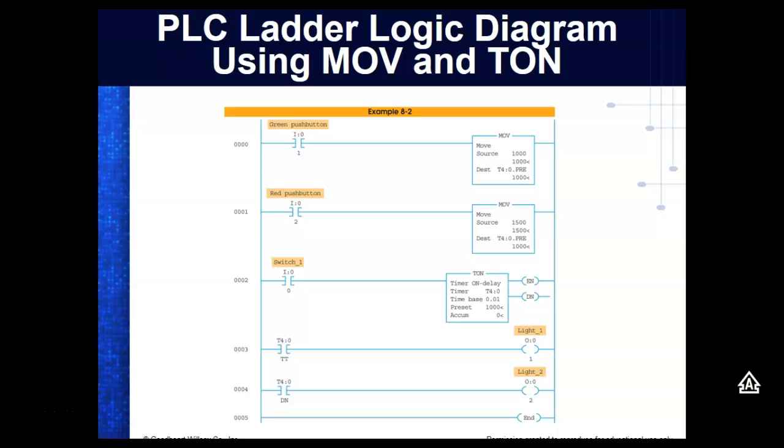So the first one says move 1,000 to the preset register, a preset word. The other one is a word. So this would be what we call, so this right here.